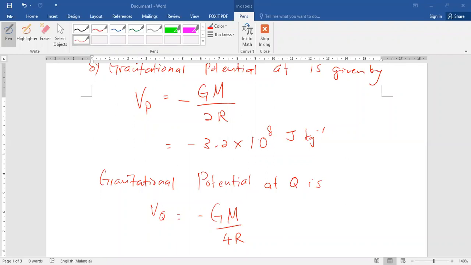So if I use x and 2x, I also can write it like that.